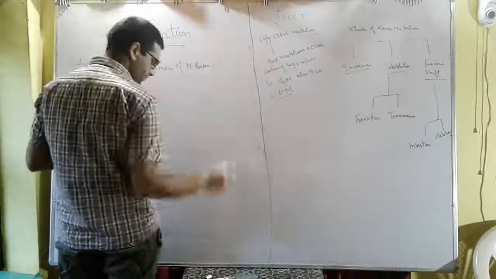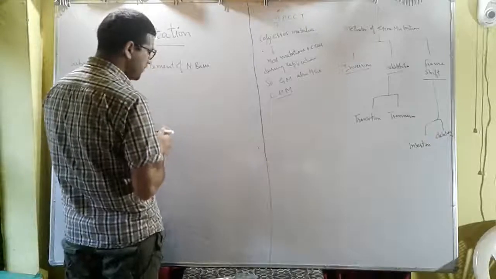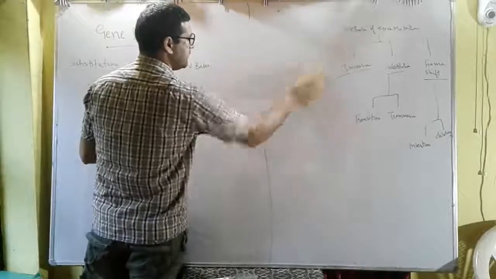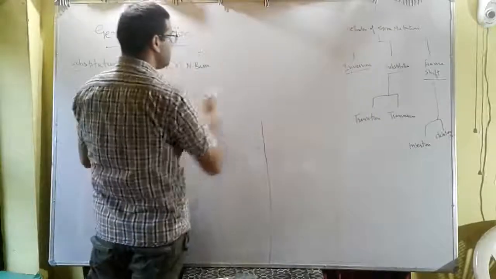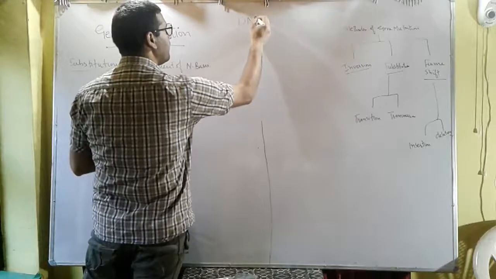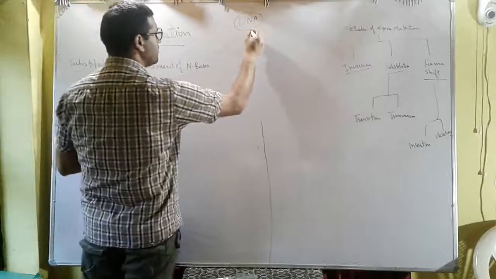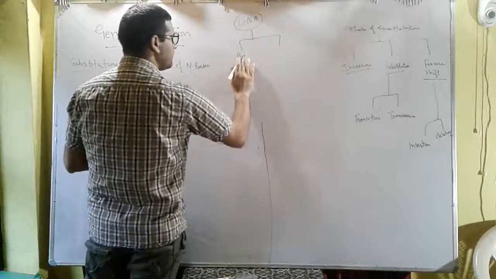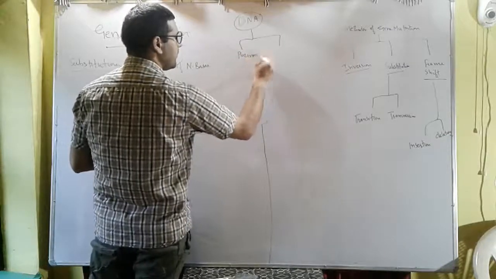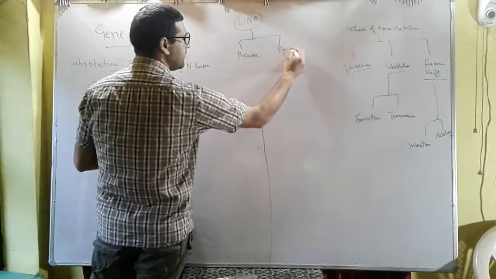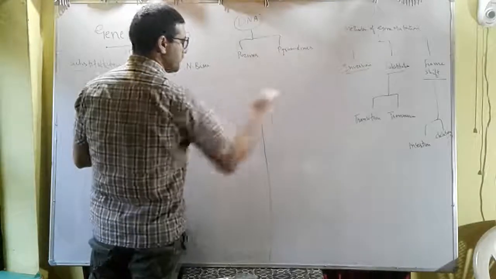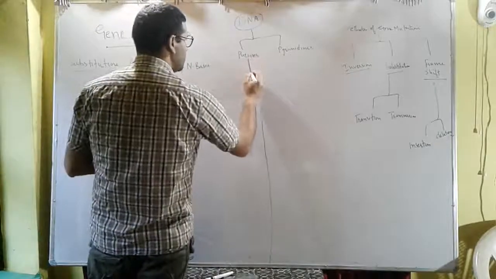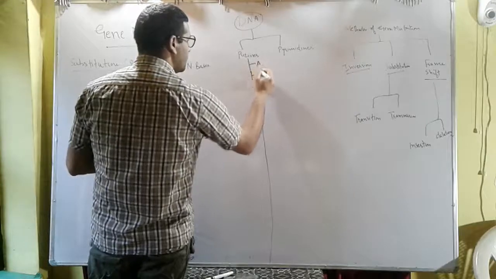If we talk about the nitrogenous bases in DNA, here we have two types: purines and pyrimidines. Purines are adenine and guanine.